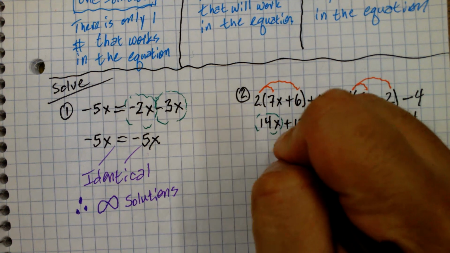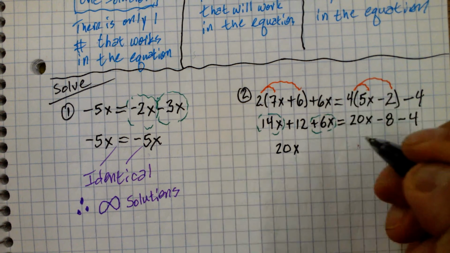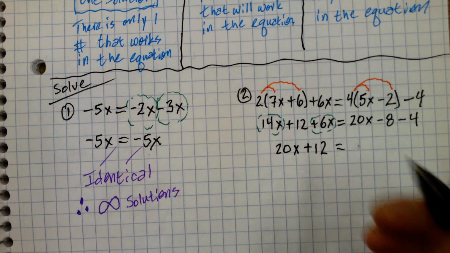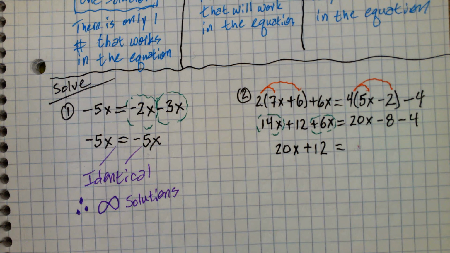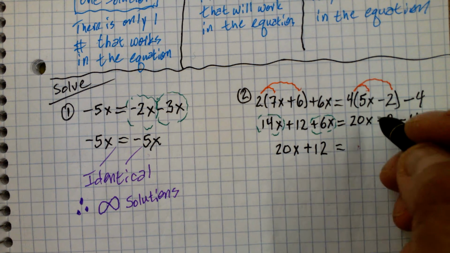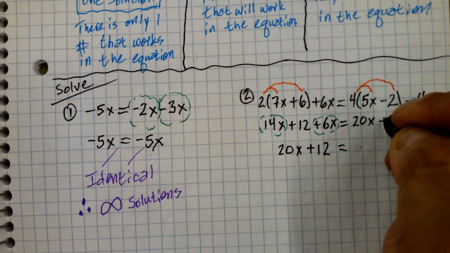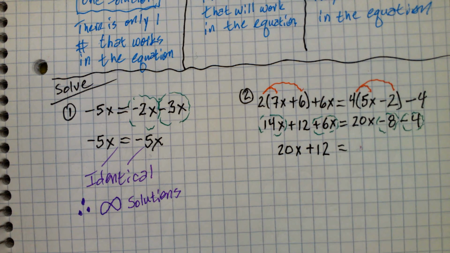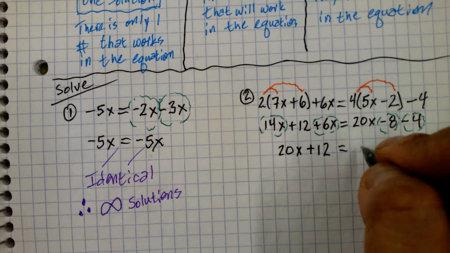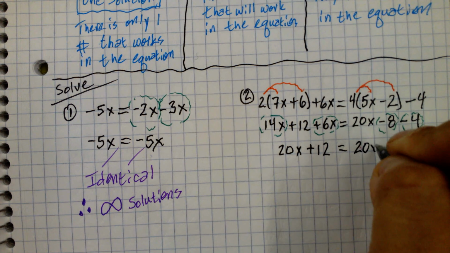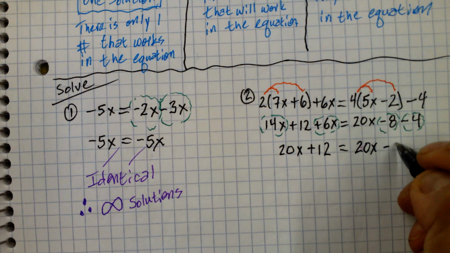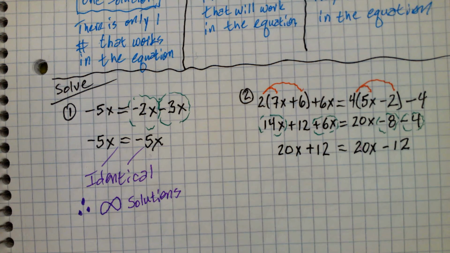I got 20x plus 12 equals, on the other side, I can combine a few other things, right? I can combine minus 8 minus 4. So I'm going to write that down now. 20x. And then what's minus 8 and minus 4 make? Negative 12.